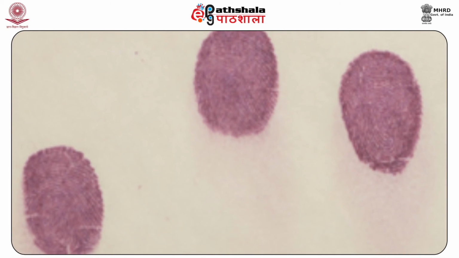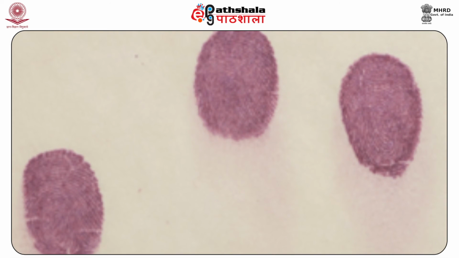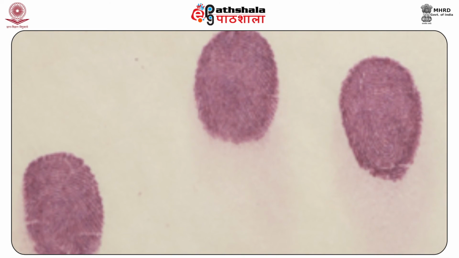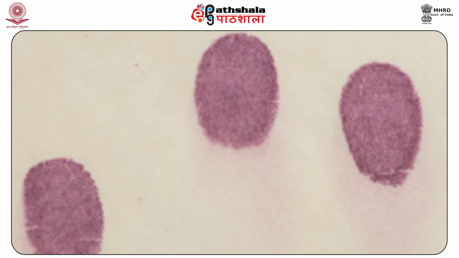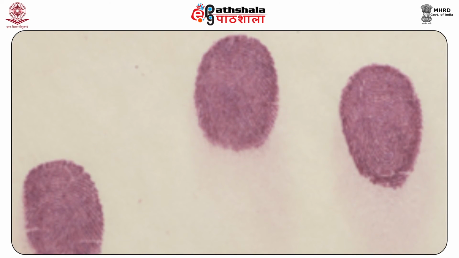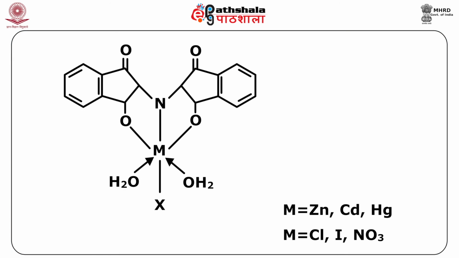However, since the concentration of amino acid in perspiration is usually quite low, the developed prints normally do not show a sharp contrast. In order to solve this problem, the developed prints are post-treated with a group 12 metal salt, generally zinc chloride.